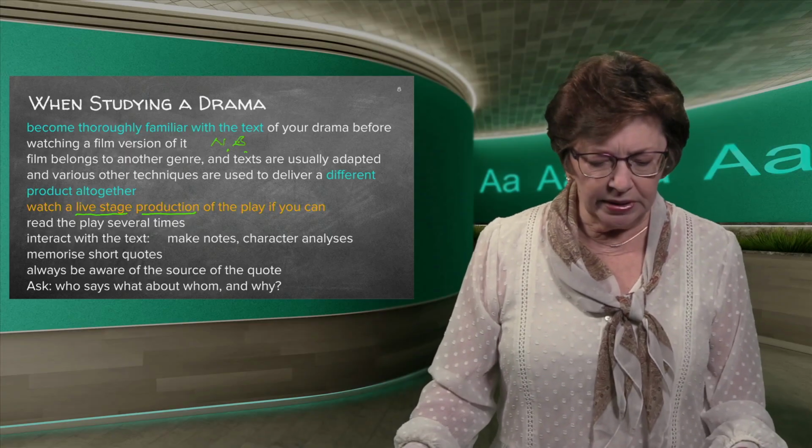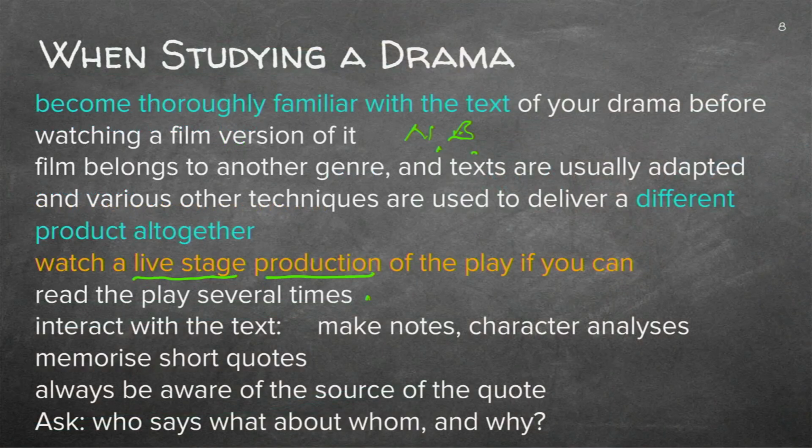You need to read the play several times, please. You need to interact with the text. You need to make notes, to analyze the characters, to make analyses, and also to memorize short quotes. And when you do that, always be aware, discriminate in your head, think carefully.